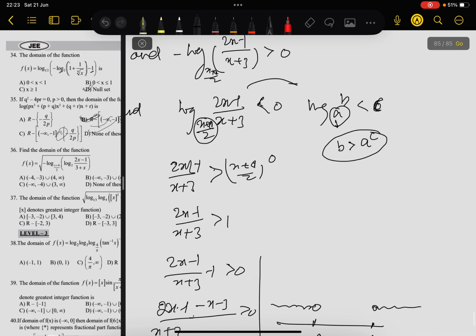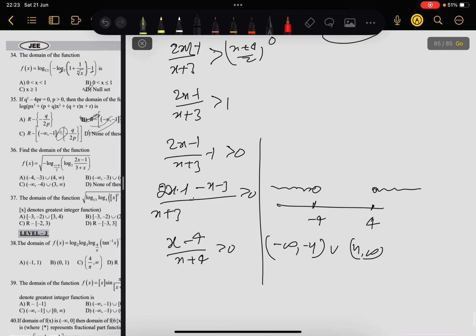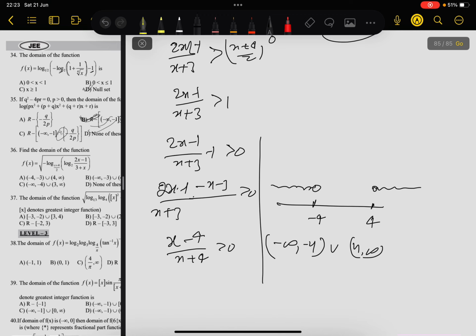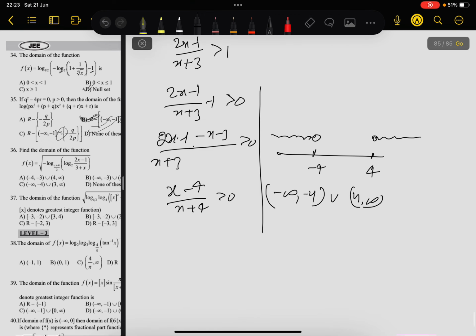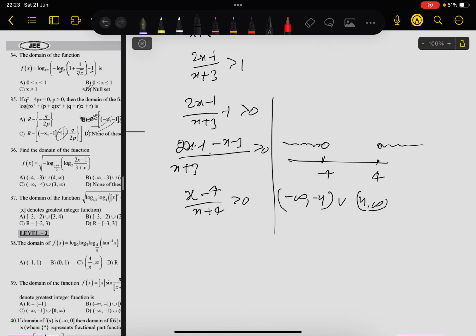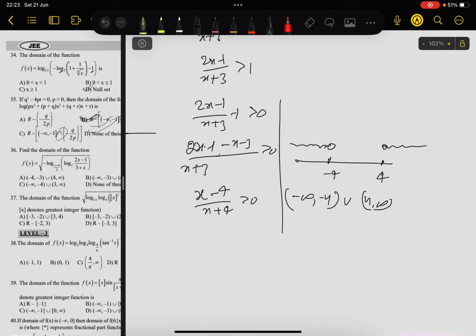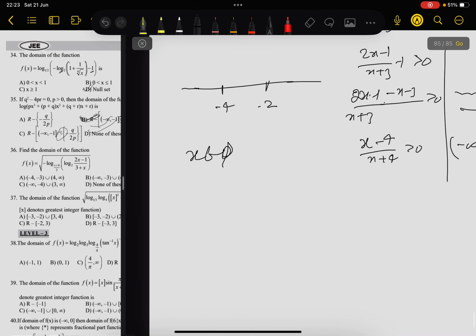So same thing I am using, previously it was less than 0, so here because the base is between 0 to 1, I have changed the sign of inequality to greater than 0, this will become 0. So this will be minus 1 minus x minus 3, so x minus 4 divided by x plus 4 greater than 0. Okay, I hope I am correct. So here x belongs to 5.